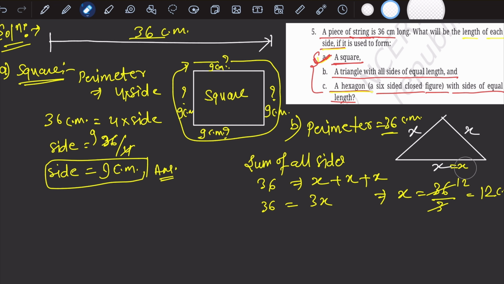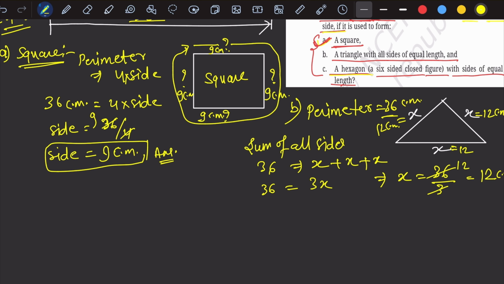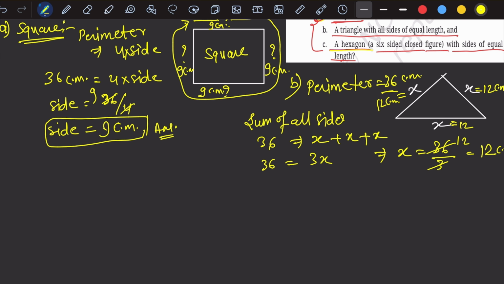This side is also 12 centimeter. So we have calculated the length of all sides of the triangle. Now what next? We have to calculate the hexagon.